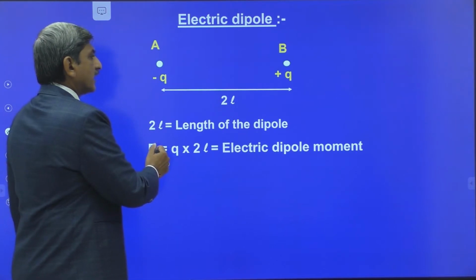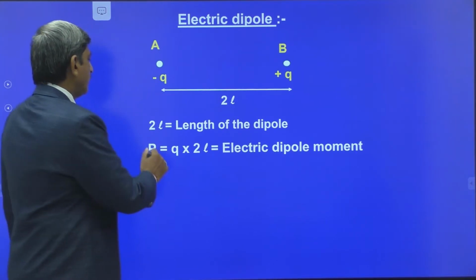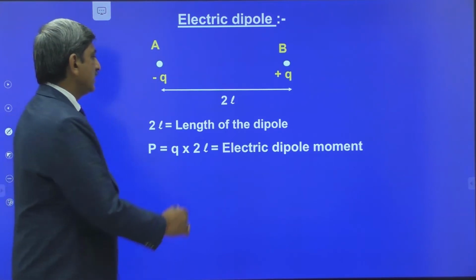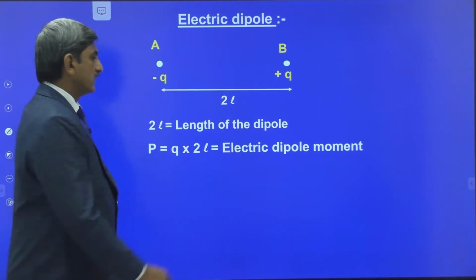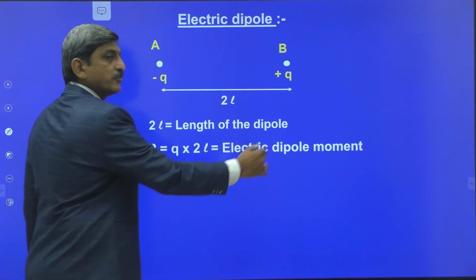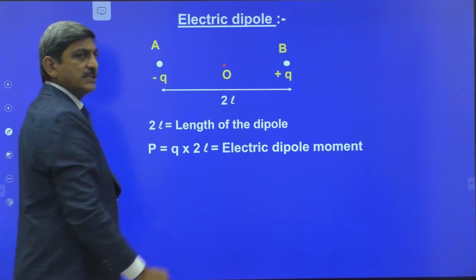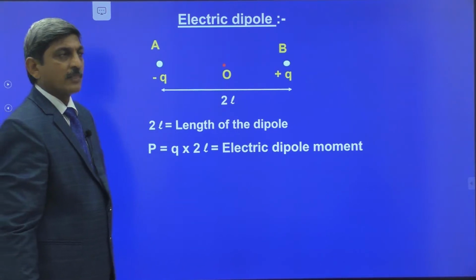The dipole moment P is equal to the magnitude of one of the charges times the length of the dipole, that is called the electric dipole moment. Let O be the center of the dipole.